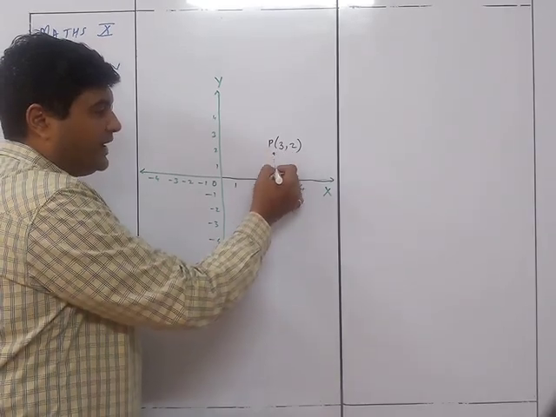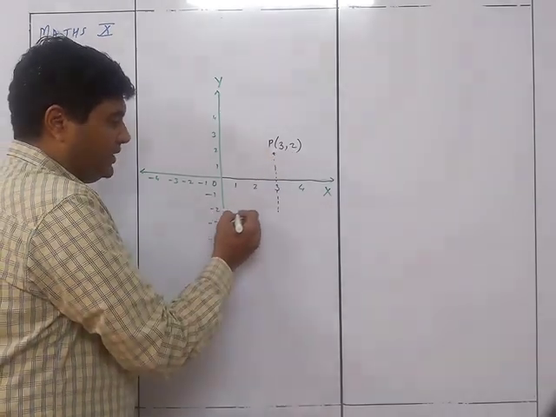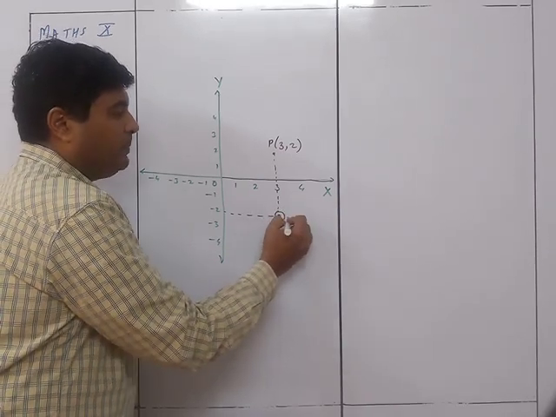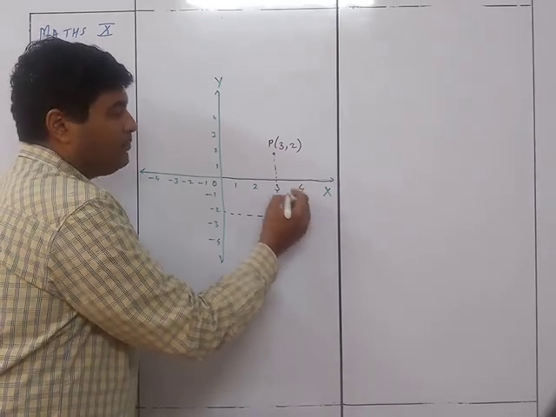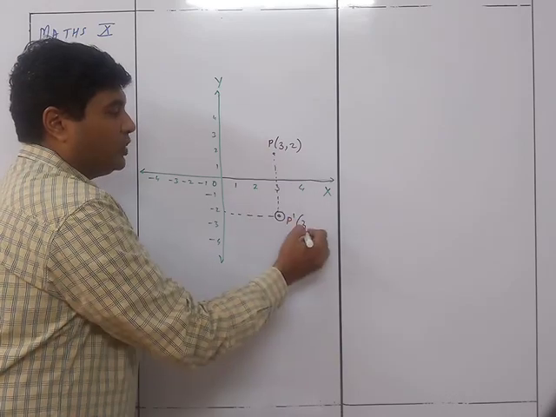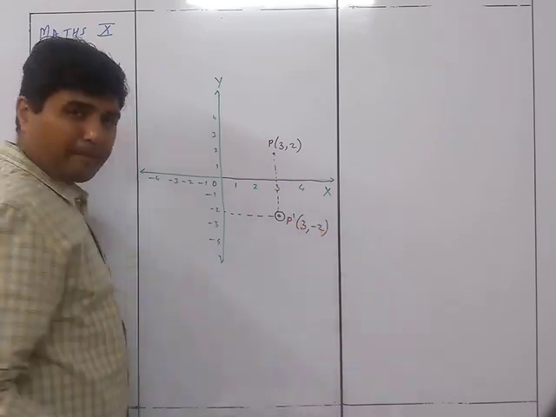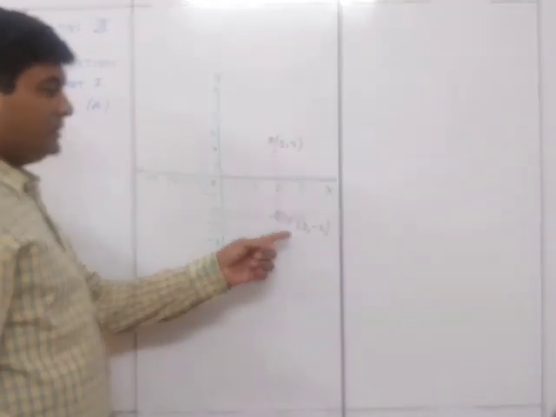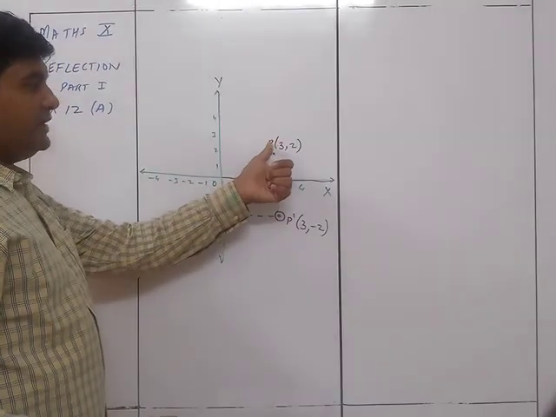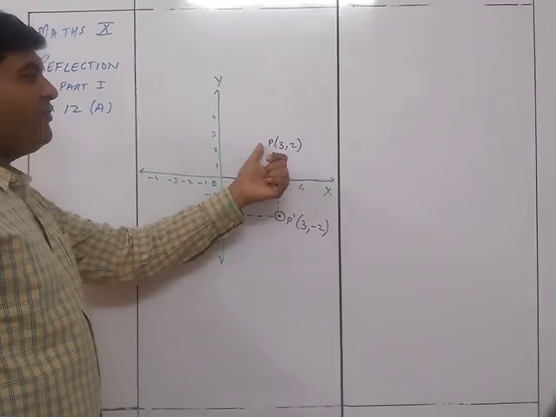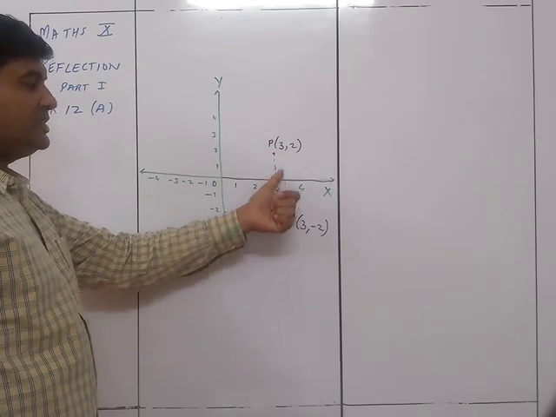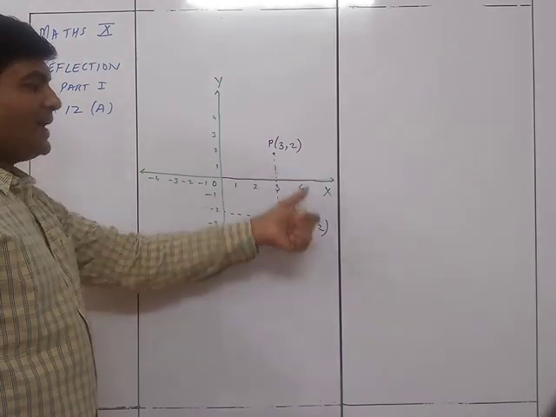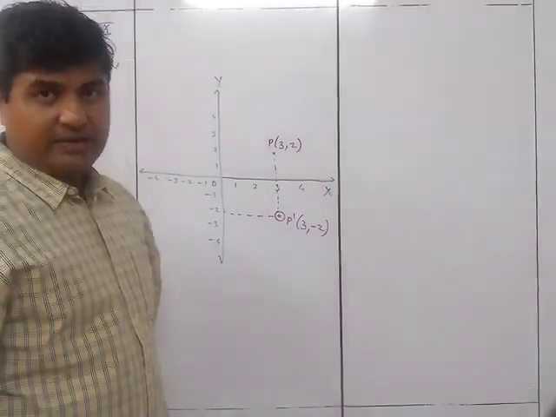So I will get the image somewhere here. This point will be P dash, which is (3, -2): 3 will remain 3, but 2 will become -2. Got it? So when this point P is reflected in the x-axis, the x value remains the same, but the y value becomes negative.